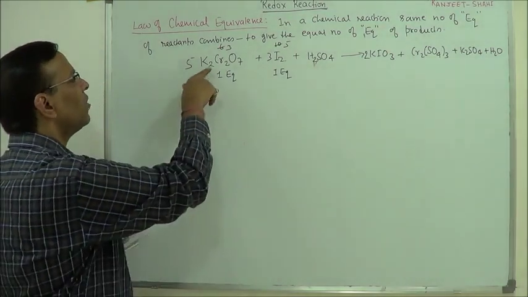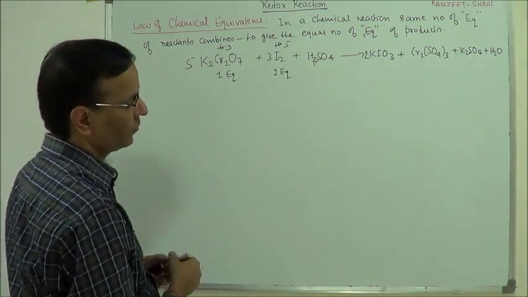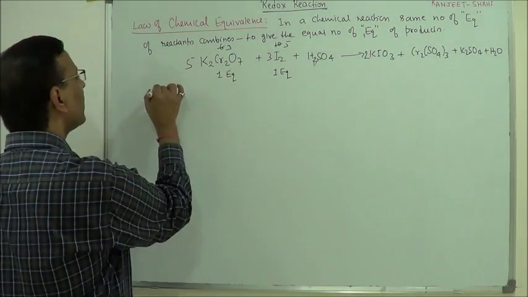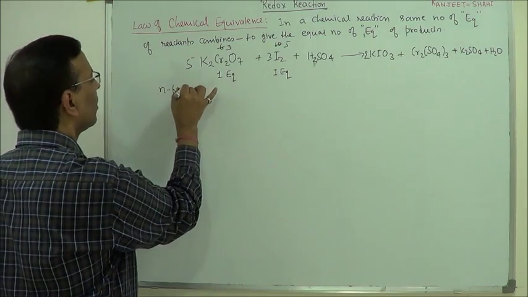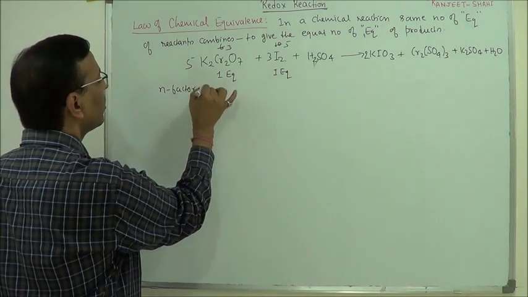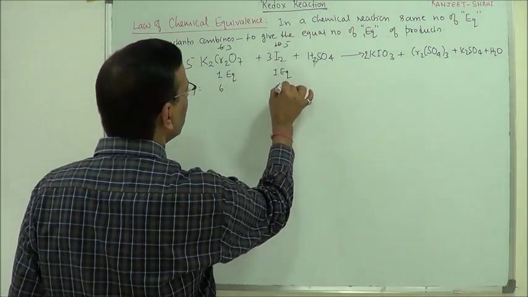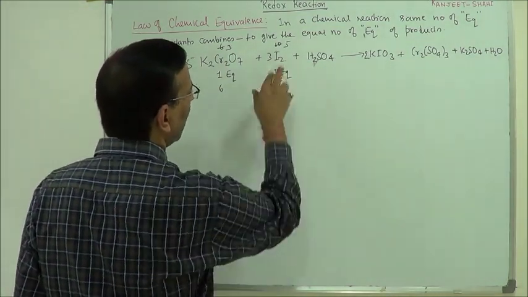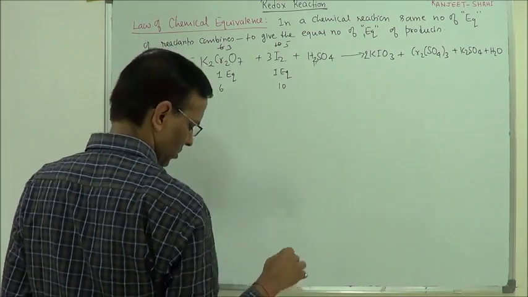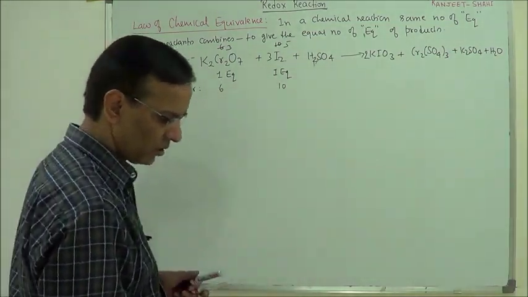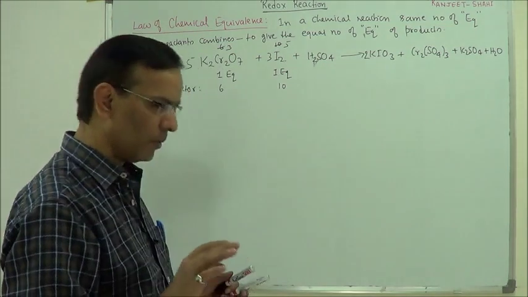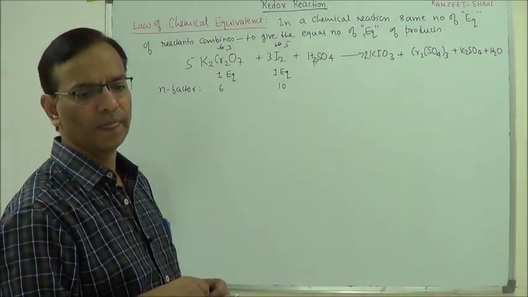Also, the N factor of dichromate is 6 and that of iodine is 10, since I2 giving 2 KIO3 has a total change of oxidation number of 10 units.